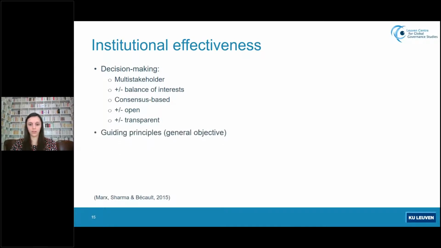So then VSS agencies develop a set of guiding principles. Those are the general objectives that the VSS aims to achieve. And depending on the VSS, those general objectives can be more targeted at addressing social issues or environmental issues.